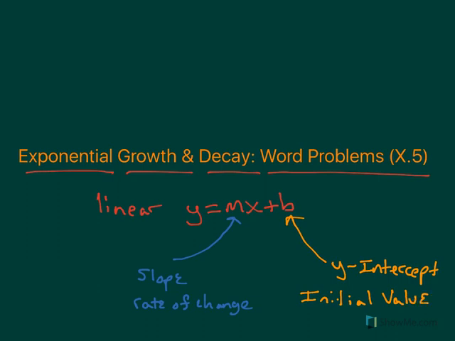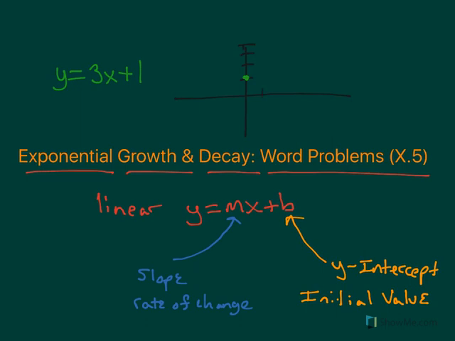So if you were to graph an equation, let's say y equals 3x plus 1, just by looking at the equation, you would know that you'd have a start value of 1 on the y-axis, and then you're going to have a slope of up 3 and over 1.